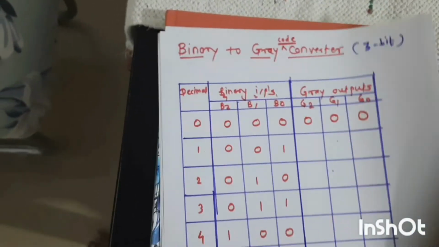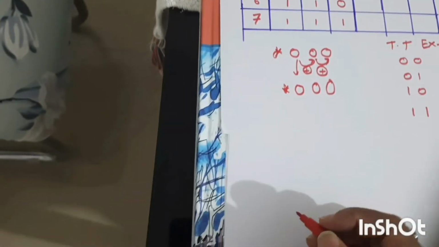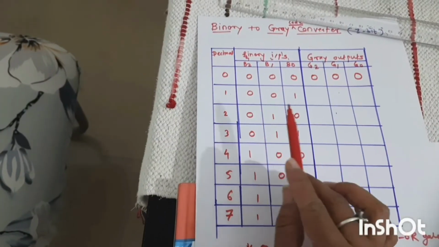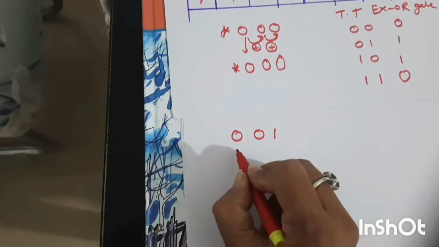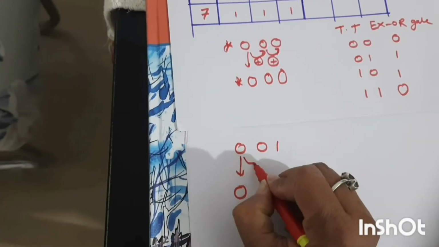Now we will see the second example. If you want to write the gray code for the second example, for 0 0 1, take the example of 0 0 1. Now again the process is the same, write the first bit as it is, then again do the XOR operation.